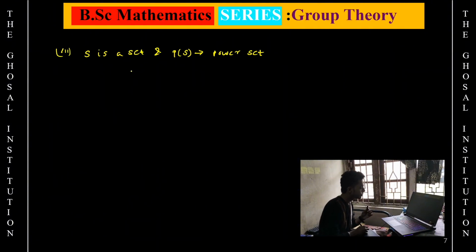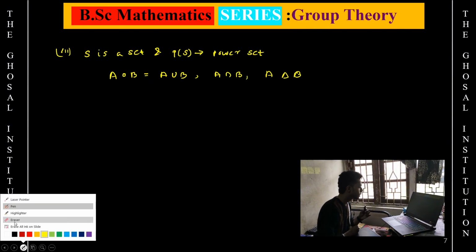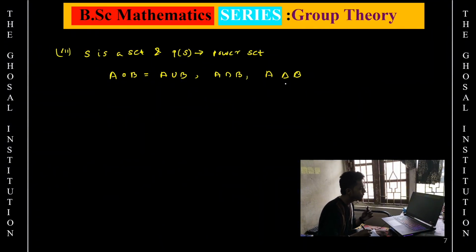Now if we consider A compose B, you know that we write sets as capital letters: A union B, this is one. Another one is A intersection B. Another one is A symmetric difference B. You know what symmetric difference is?